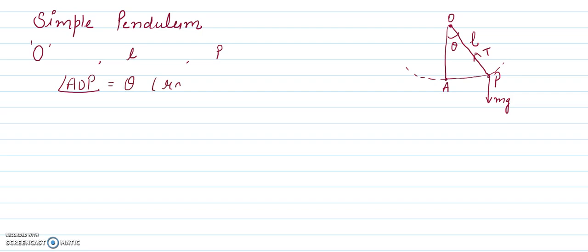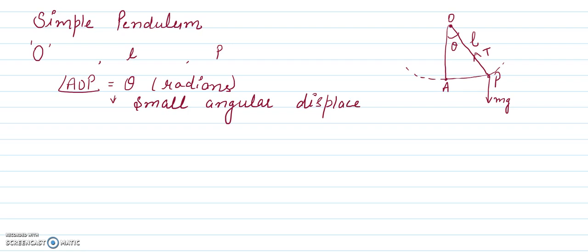Here theta is in radians, and here theta indicates the small angular displacement in a vertical plane.